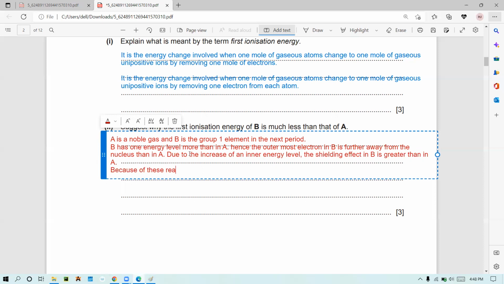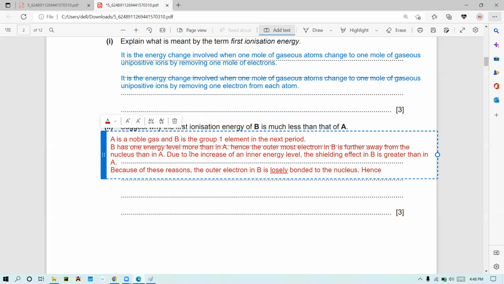Because of these reasons, the outer electron in B is loosely bonded to the nucleus.